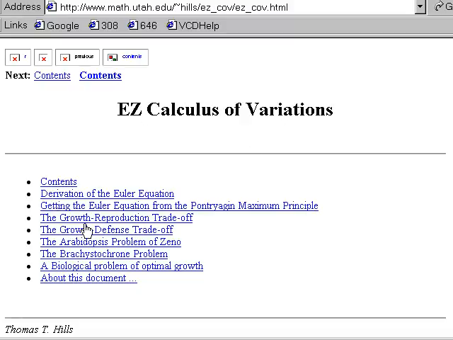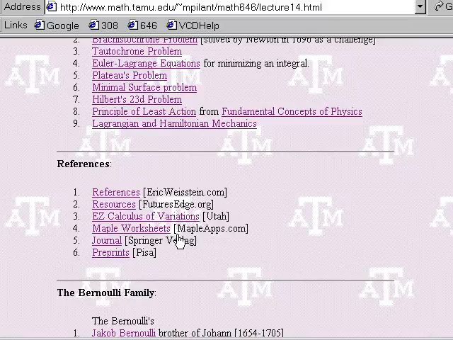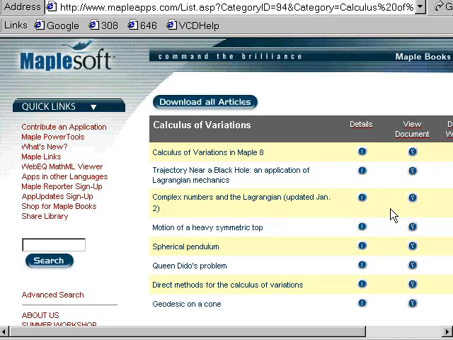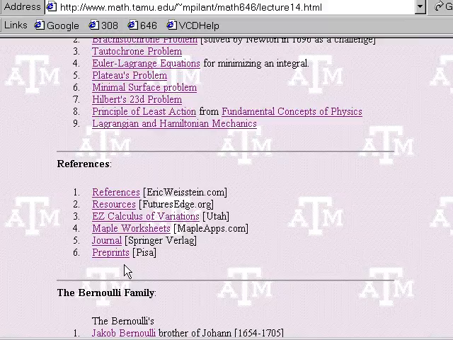So if you want to do calculus of variations in 20 minutes, you can read this reference. There are Maple worksheets you can download and explore calculus of variations. So, for example, the trajectory near a black hole, an application of Lagrangian mechanics. That's kind of a nice one.